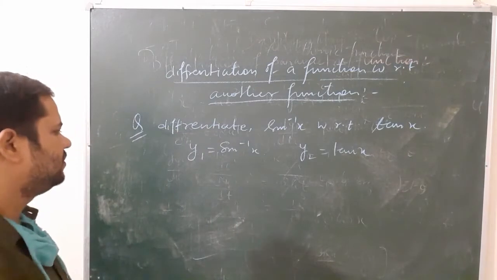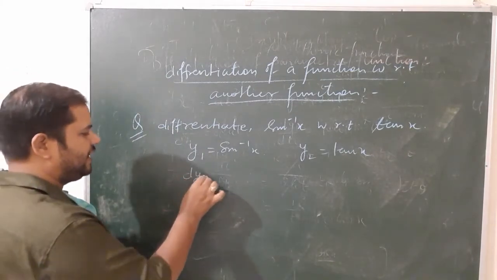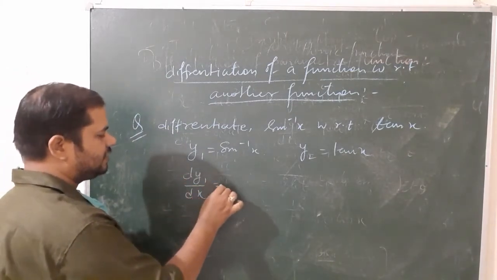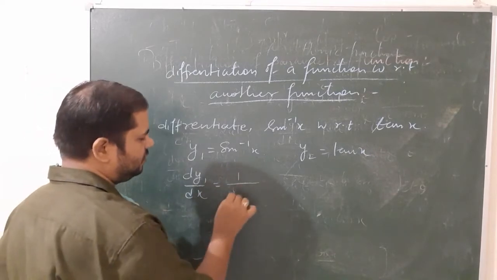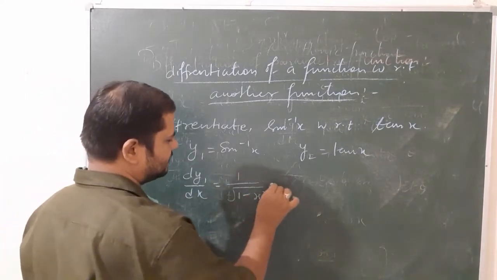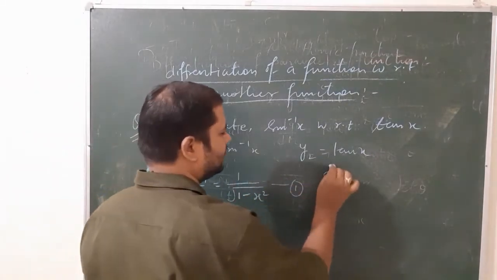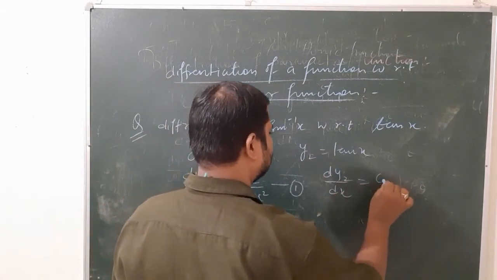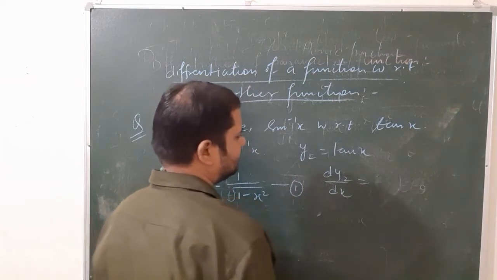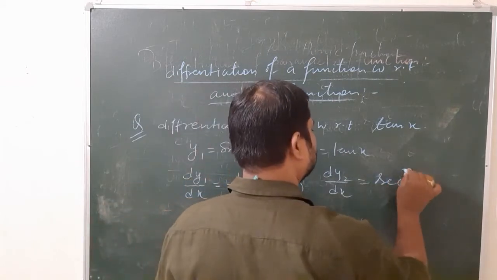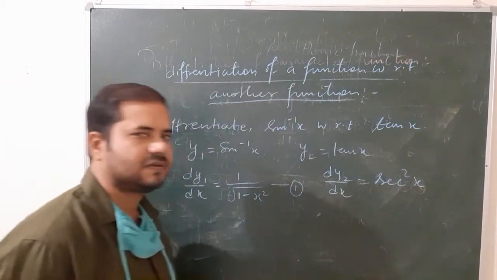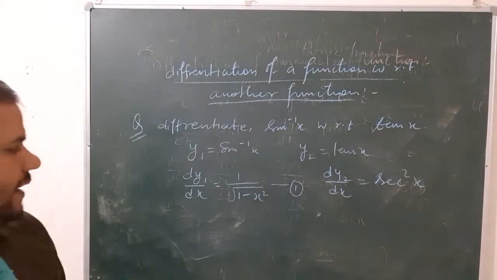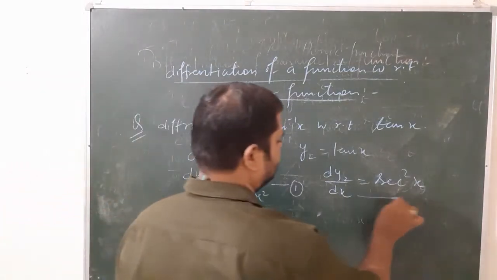Now dy1 by dx is nothing but 1 upon root of 1 minus x square, equation number 1, and dy2 by dx is nothing but derivative of tan x, which means sec square x, equation number 2.